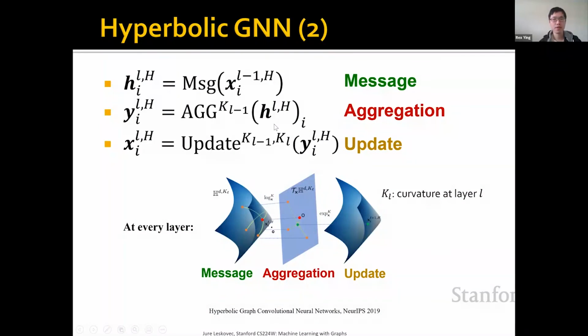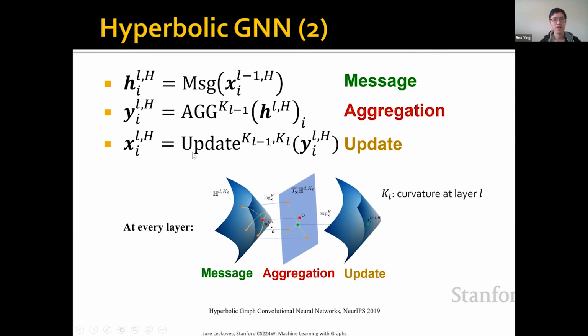If you recall, the GNN formulation is mostly very similar. So here is an outline of the GNN architecture, where we first compute the messages between all the neighbors as well as the center node, and then we aggregate all your neighbors' messages to compute the hidden representation after the aggregation.